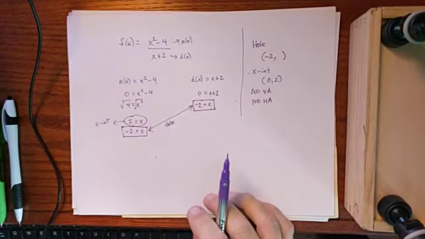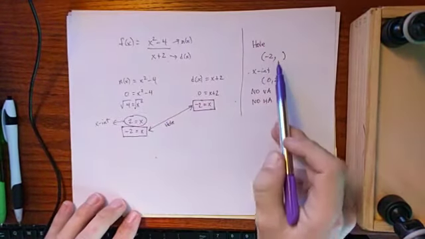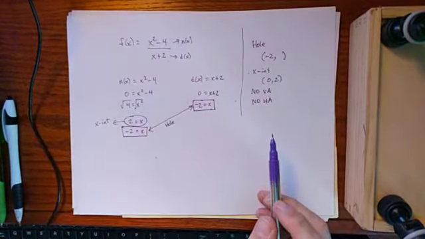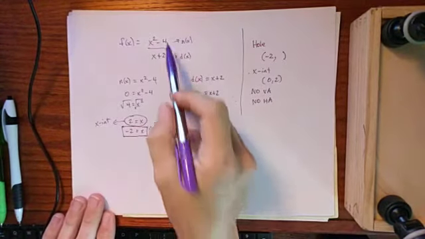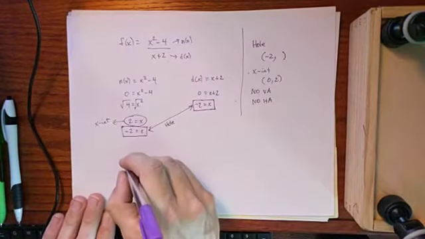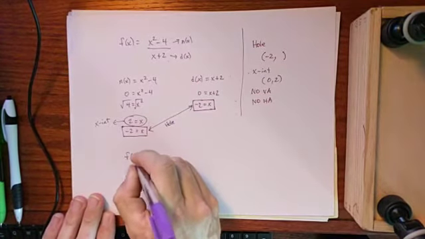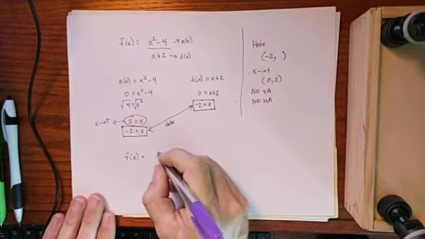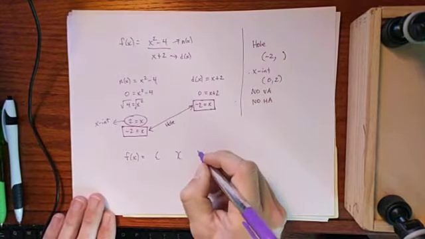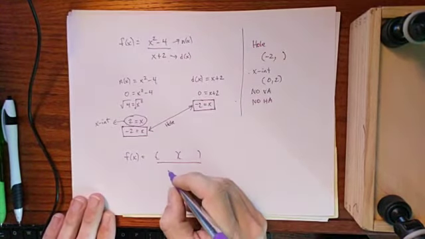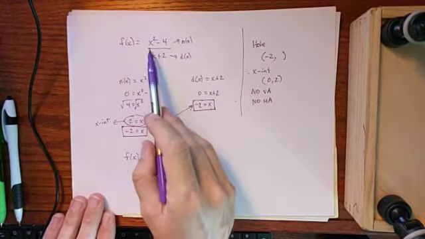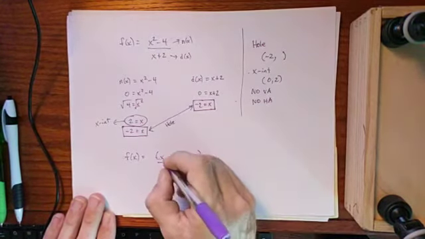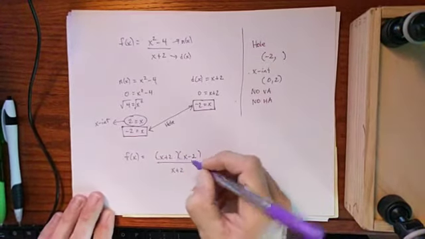All right, so now all we have to do is find out what the y-coordinate of this is. So the way to find the y-coordinate is to try to simplify this fraction. And the way that we can do that is by factoring. So we're going to factor the numerator, and the denominator is already a linear factor, but remember this is a difference of squares, so this is x plus 2 times x minus 2.